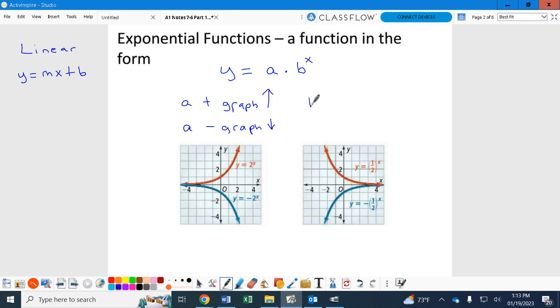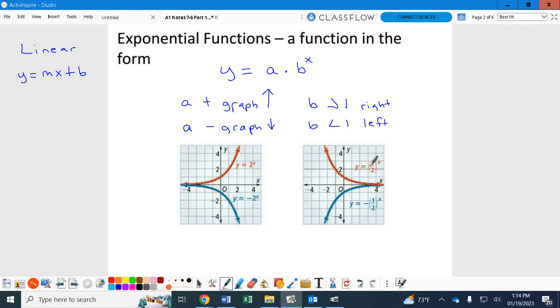When b is greater than 1, when it's anything above 1, guys, not positive or negative, just looking at the number, if it's greater than 1, it is going to go to the right. And think about it, where do the numbers get bigger on the graph? On the right side of the graph, right? Where do the numbers get smaller? To the left. And so when b is less than 1, it's going to go to the left.